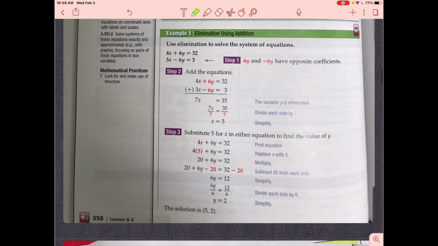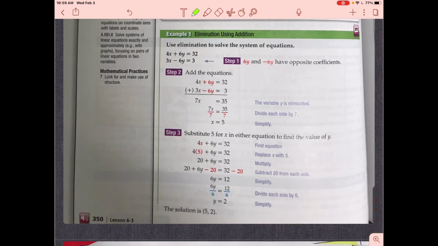Here's the first example in the book. We'll just briefly look at that. If we have 4x plus 6y equals 32 and 3x minus 6y equals 3, you can see right here that I have a plus 6y and a minus 6y. That's awesome because when we add these 2 equations, those 2 things will cancel out.